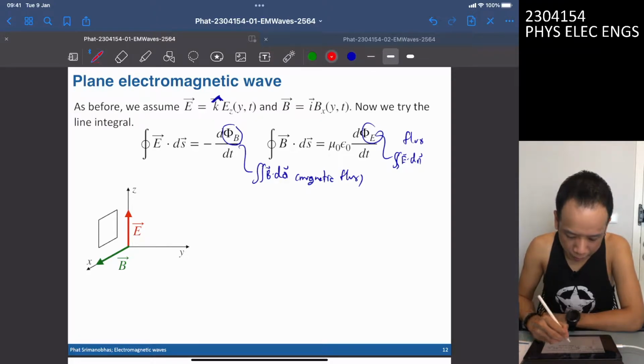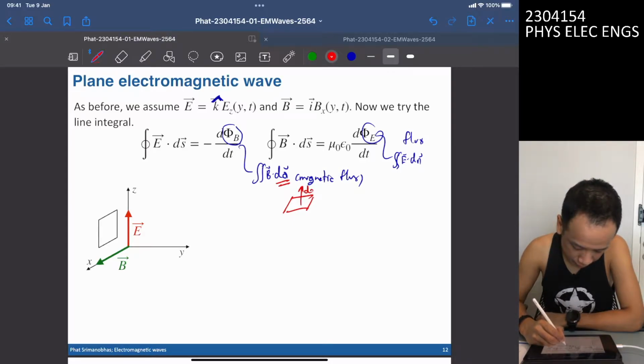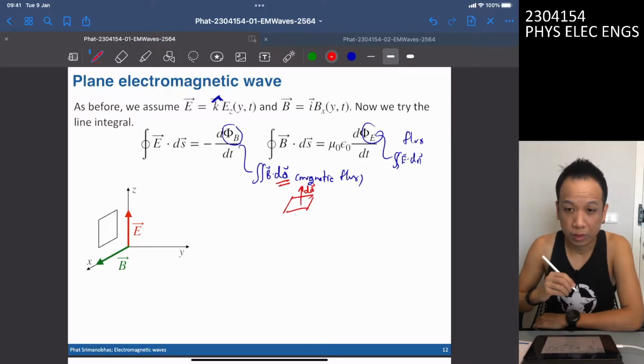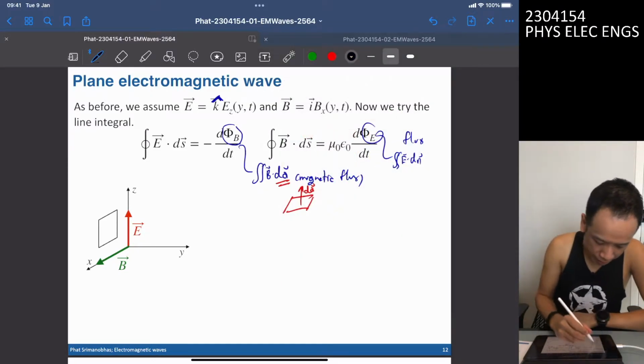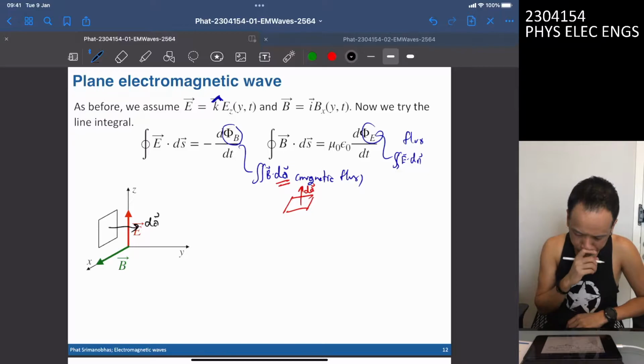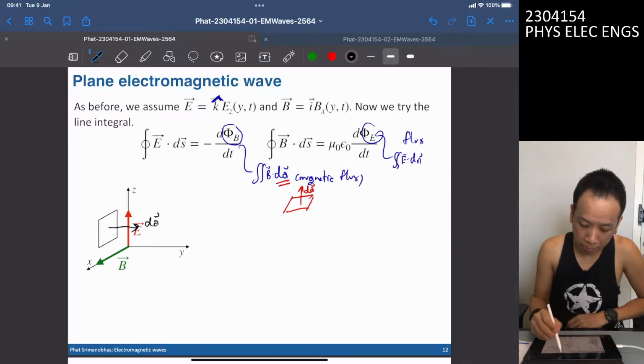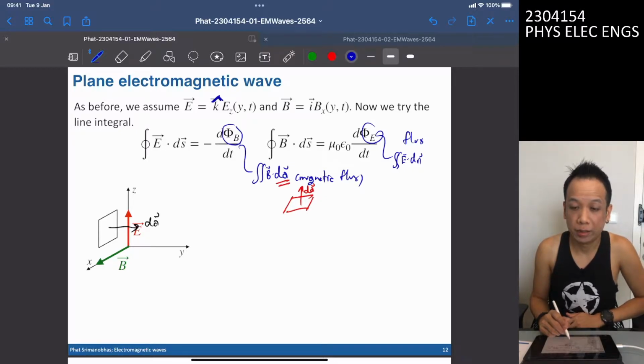The direction of dA is perpendicular to the surface. In this situation, the xz plane is in this direction, so this is the dA in our situation. Then you can see almost immediately that there should not be any magnetic flux or electric flux.